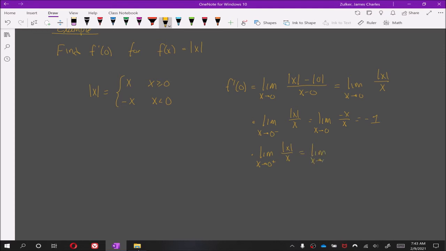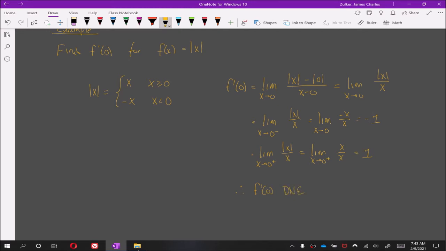This is the limit of x over x, and that limit is 1. Notice that these two limits are not the same. So that means the limit itself does not exist, and therefore f prime of 0 does not exist.